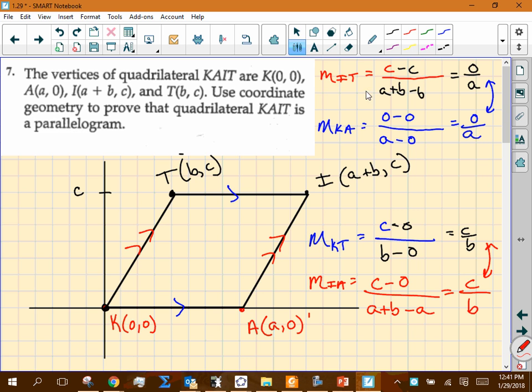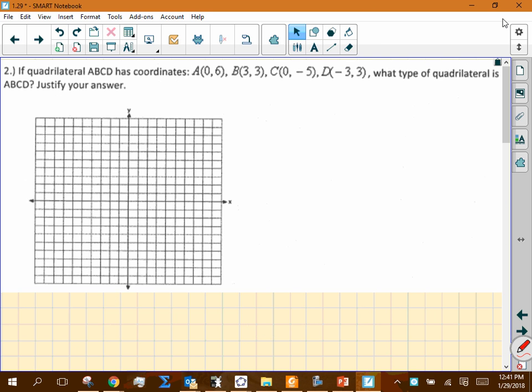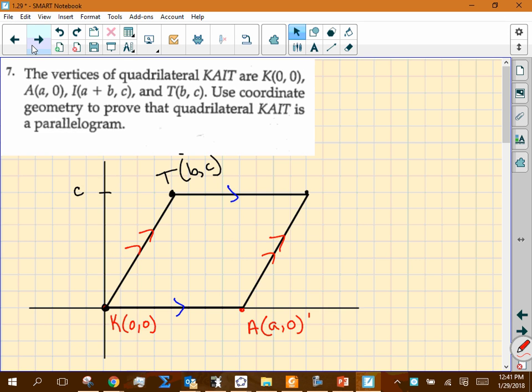Okay. Now, there's other ways of doing this, and I think this is another unique, beneficial way of discussing this question. The point here that I erased was A plus B comma C. Let's talk about the diagonals here.